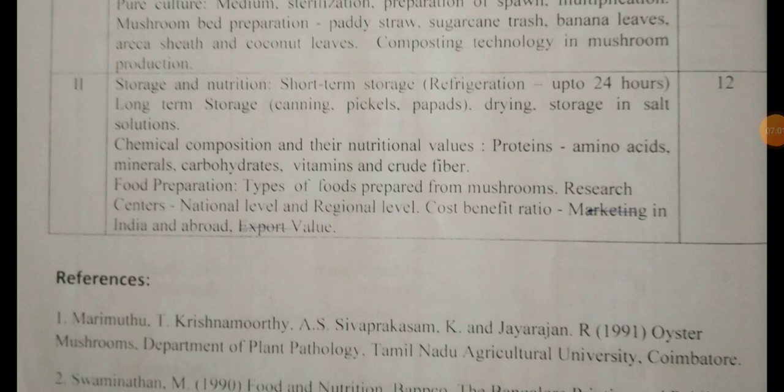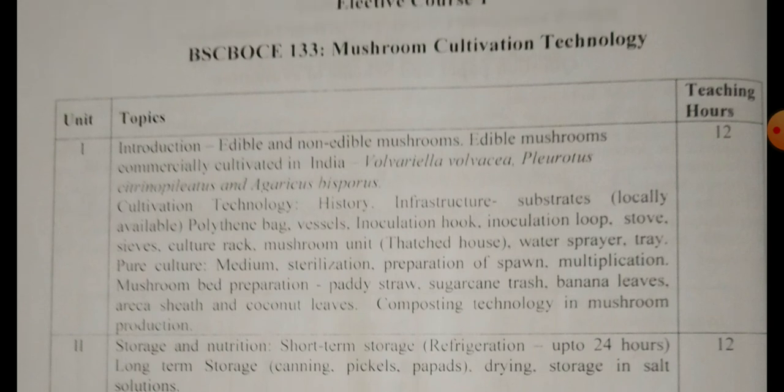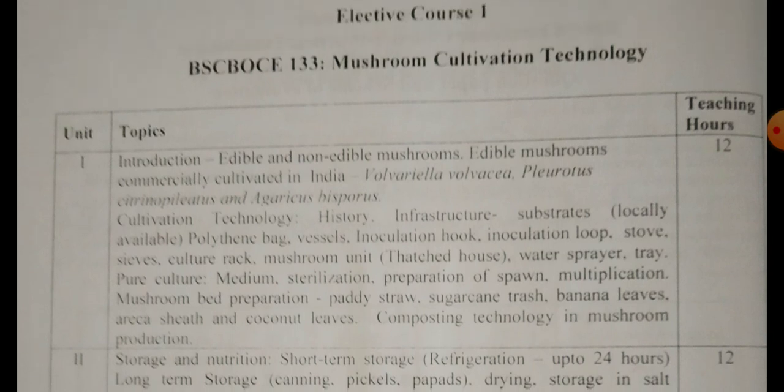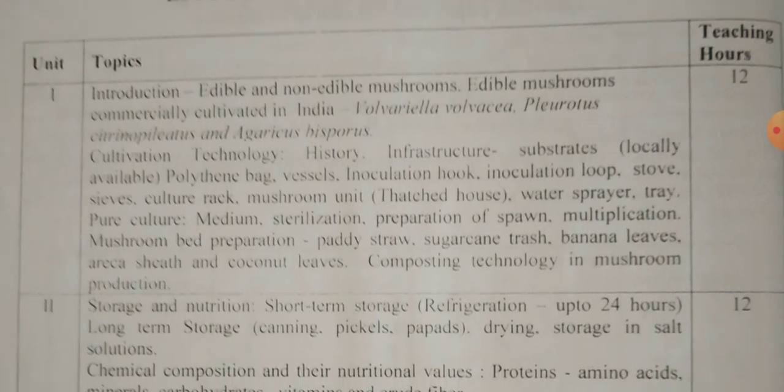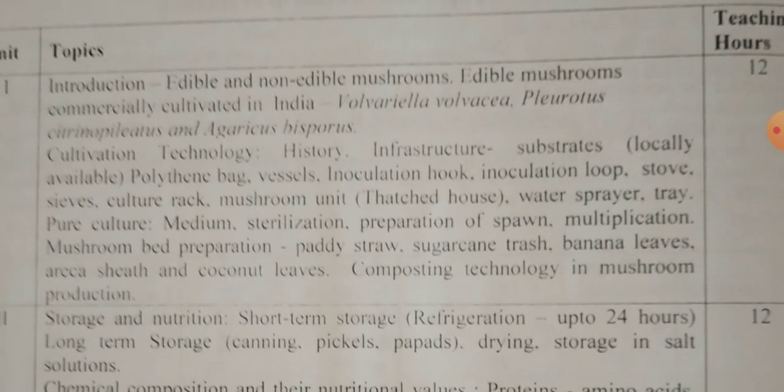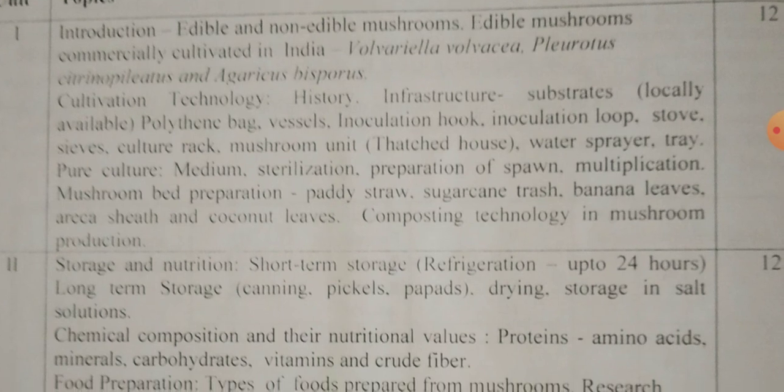So this is the overview of your elective paper, mushroom cultivation technology. These are the paper title and heading, and this is the complete unit 1 syllabus, so you can write it down or take a printout of this syllabus.